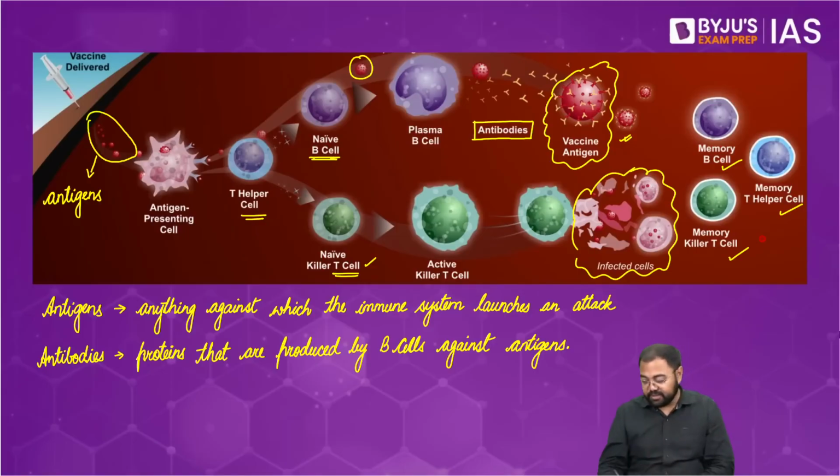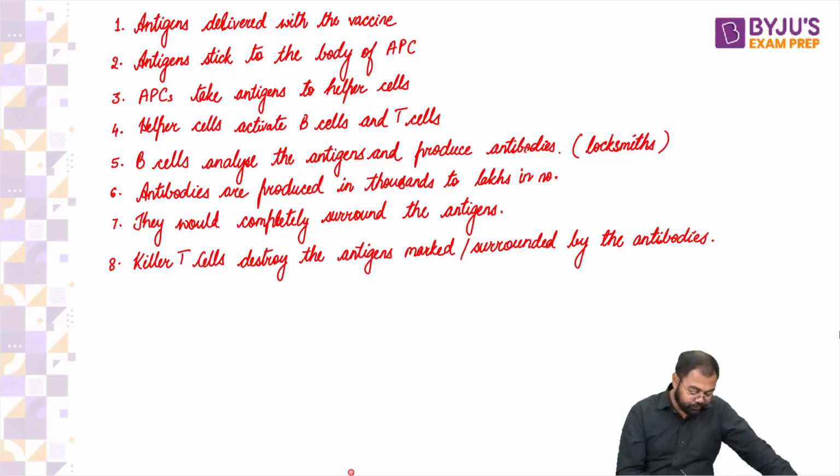So this is where we see that memory cell creation has a very, very important role to play. In a manner, it is nothing but the documentation of the entire journey, the entire process, and it helps in the future.